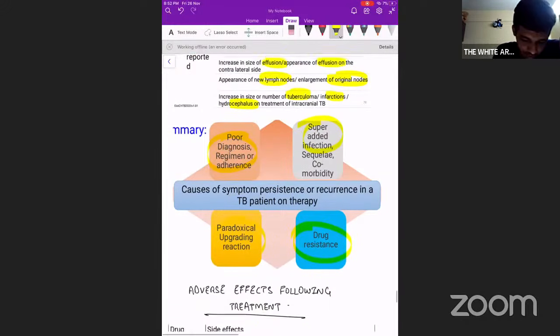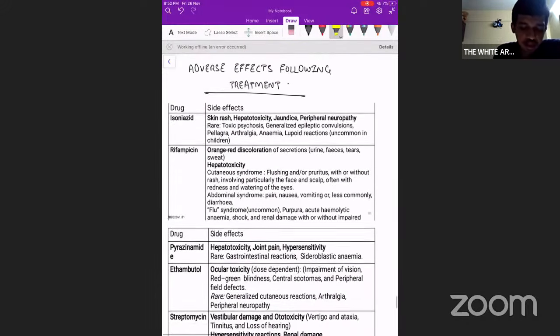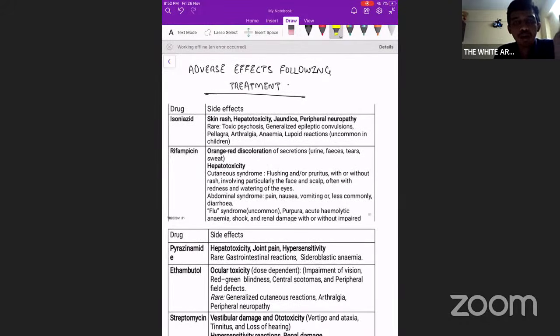Okay, fine. Now, what are the adverse effects which we can expect out of the treatment which we give? All these drugs have their own side effects, and we've read this before as well. Isoniazid can present with skin rash, hepatotoxicity, jaundice, or peripheral neuropathy. Rifampicin, the benign thing which we'll have to counsel everyone about is discoloration of urine, and the other one is hepatotoxicity.